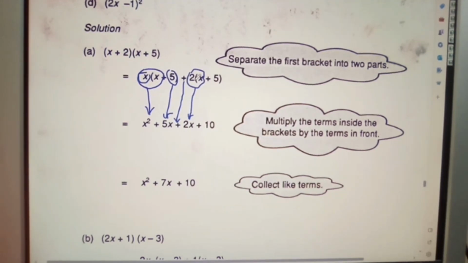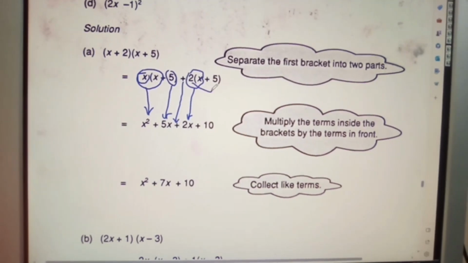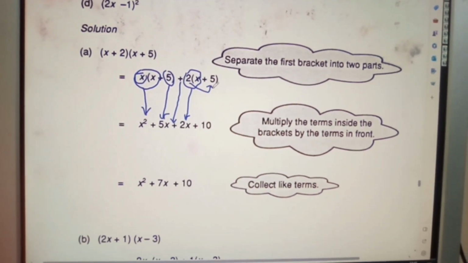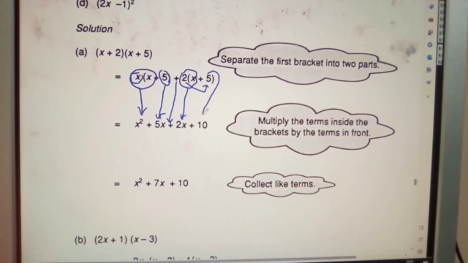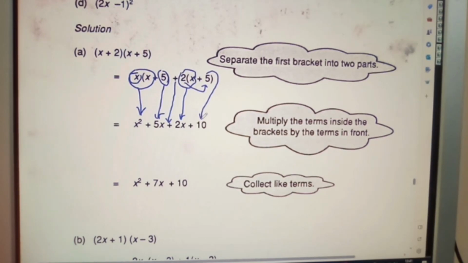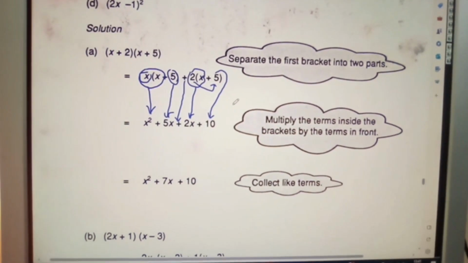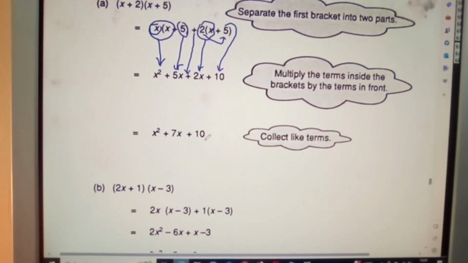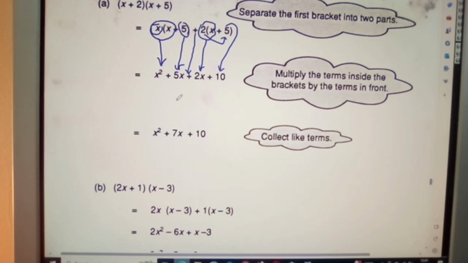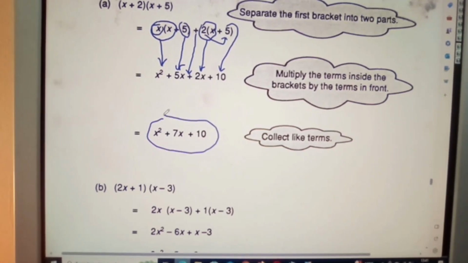And that 2 times 5, that multiplied by that 5 there, then becomes this. And here we have our solution: x squared plus 5x plus 2x, which is 7x, plus 10. And that here is our solution to the problem.